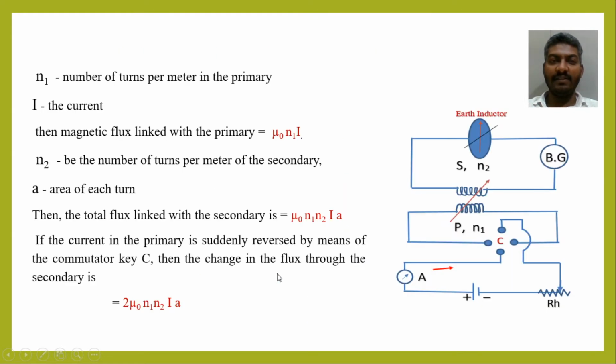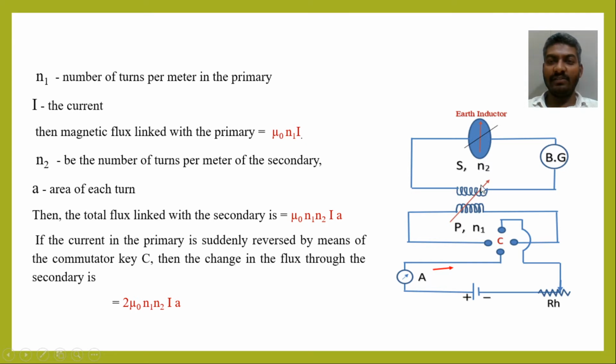Now let us see this circuit. In this circuit, we have a primary circuit and a secondary circuit. The primary circuit has a primary coil, and the secondary circuit has a secondary coil.